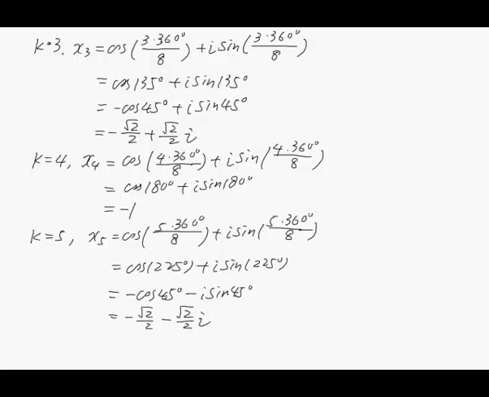Okay, now let's move to number 7, corresponding to k equal to 6. So x sub 6 is equal to cosine of 6 times 360 degrees over 8, plus i times sine of 6 times 360 degrees over 8, and this argument is equal to 270 degrees.